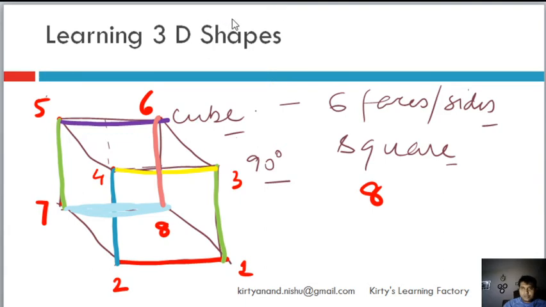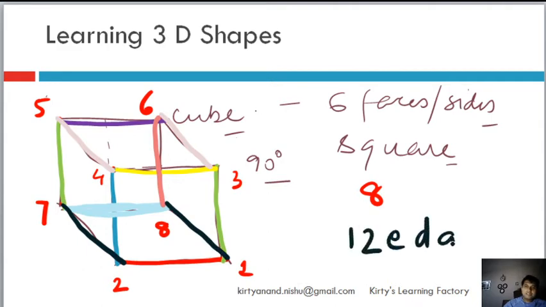But there is more. This is 9. This is 10 at the top, connecting the top. And then this is 11 and this is 12. So there will be 12 edges. So a cube will have 6 faces or sides, 8 vertices and 12 edges. That is your cube.